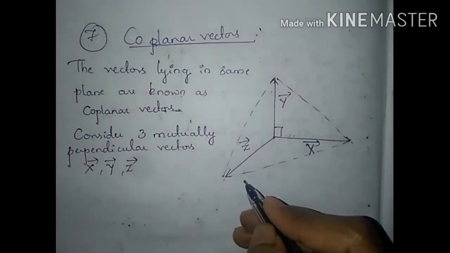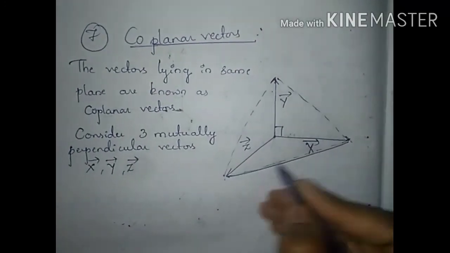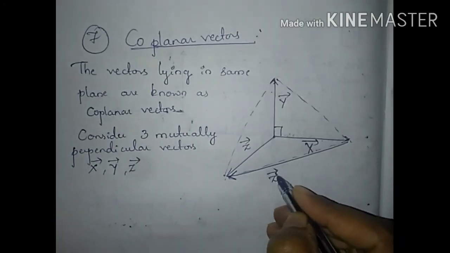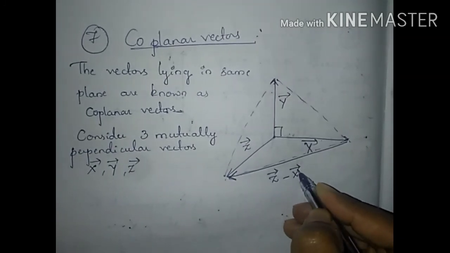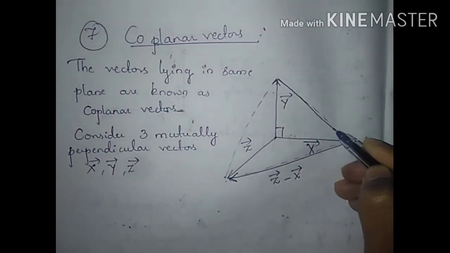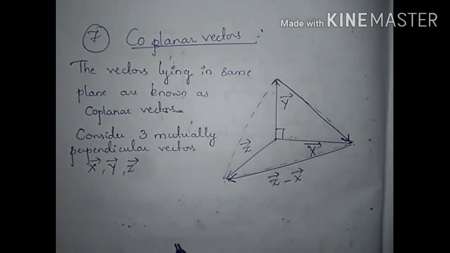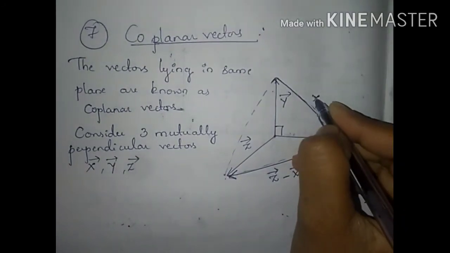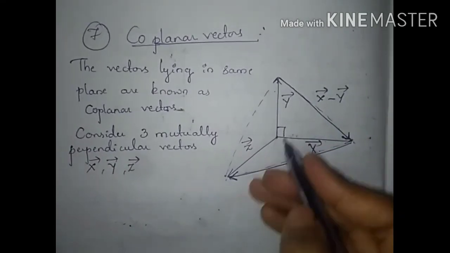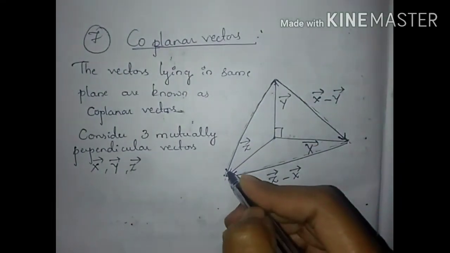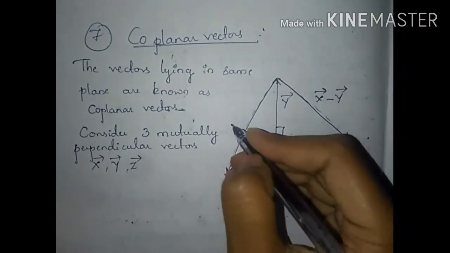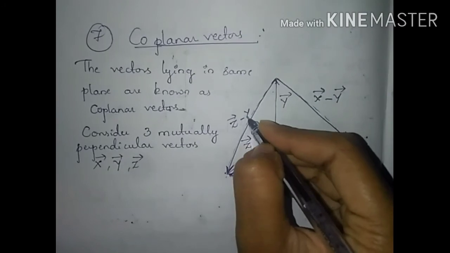Now if you draw a vector here, it can be written as vector z minus vector x. If you draw another vector here, it can be written as vector x minus vector y. And if you draw another vector here, it will be vector z minus vector y.